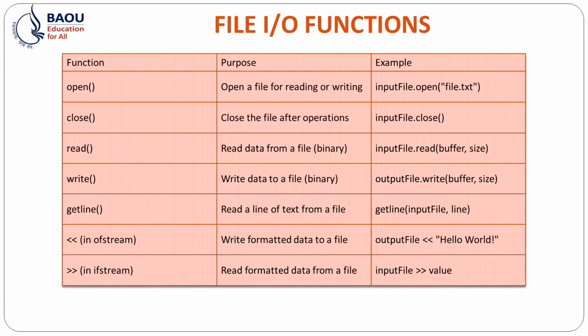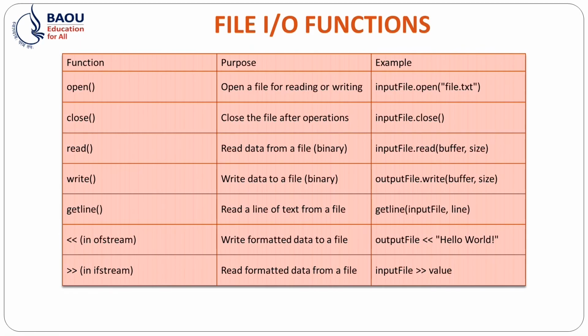If I want to read data from a file which is a binary file, whenever I write something in our file, it is automatically saved as binary in the backend. So inputFile.read, then buffer, and then the size of the file.